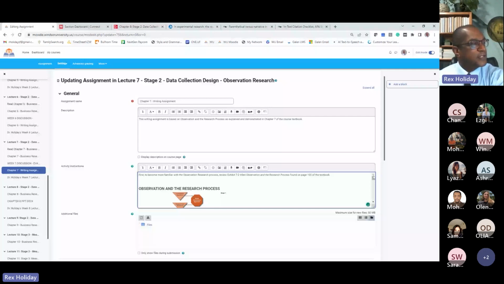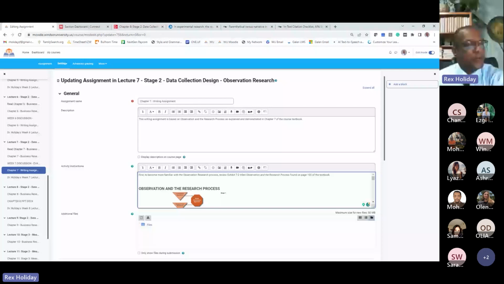Okay, so the instructions are first, to become more familiar with the observation research process, review Exhibit 7.2 titled Observation Research Process, found on page 155 of the textbook. Okay, so this is in the text, and I'm going ahead and putting in an image of it.